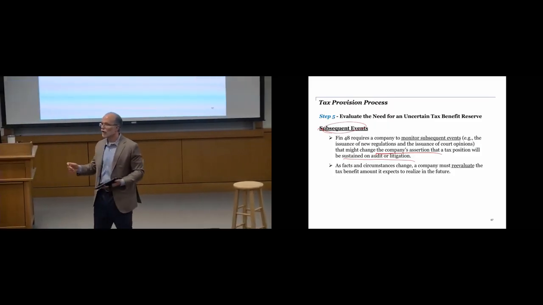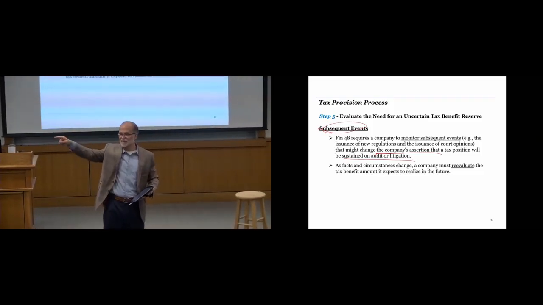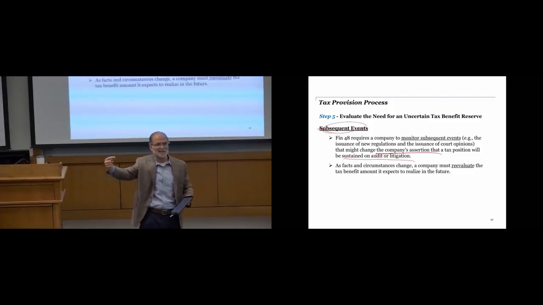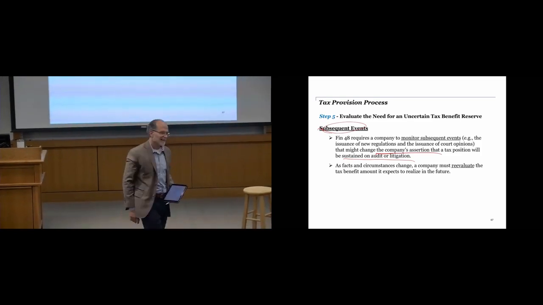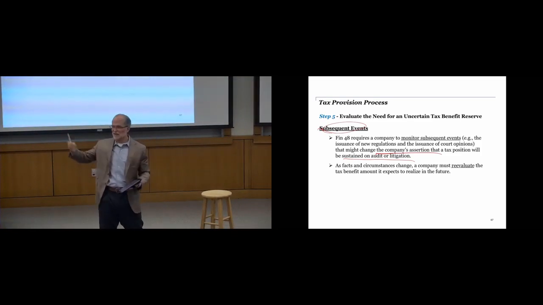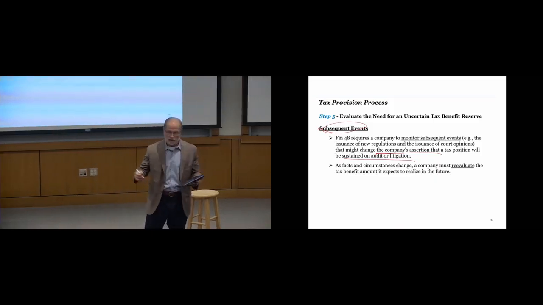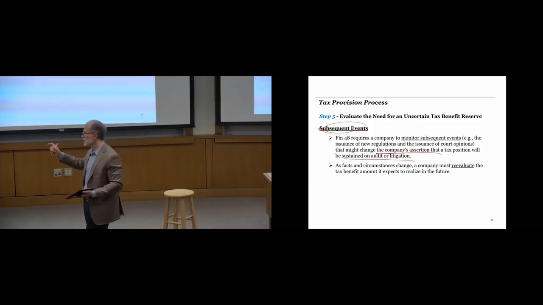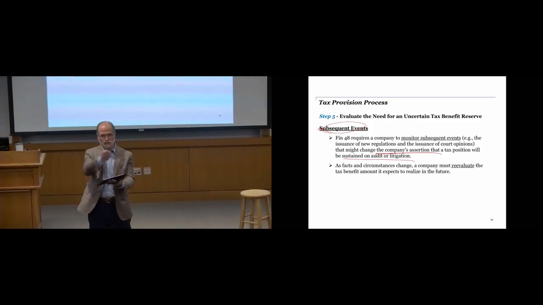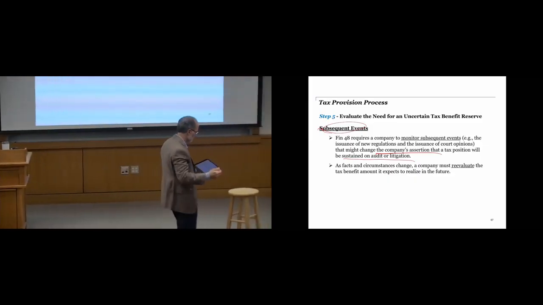Or there might be a court case that gets decided, and another taxpayer just lost on the issue that you have. And you're like, oh, geez, that's awful, because now if I go to that same court, I bet they're going to decide it the same way, right? So you have to be monitoring subsequent events. You do your best when you file your tax return, but things are going to change all the time as you're going through until you get to the end.